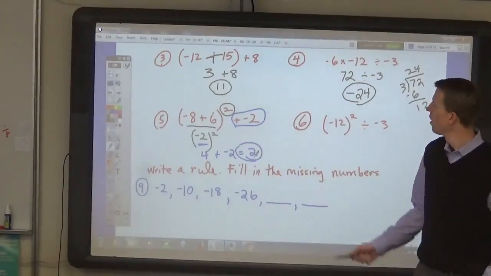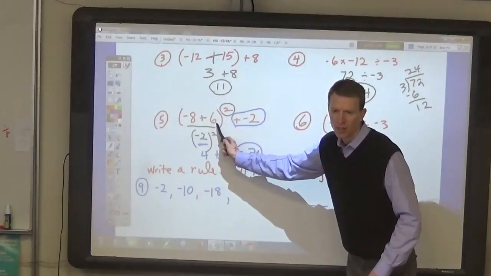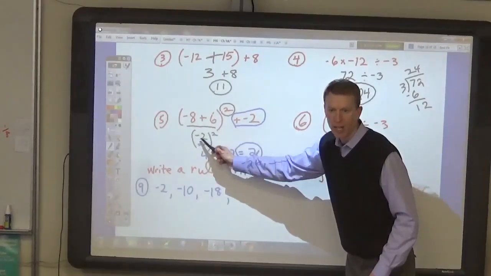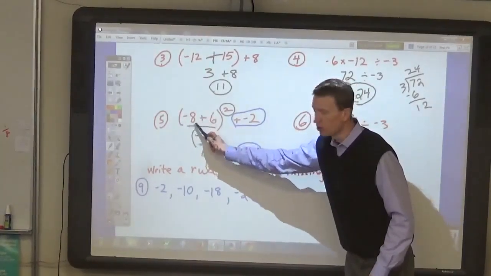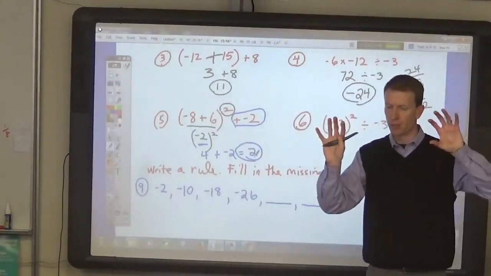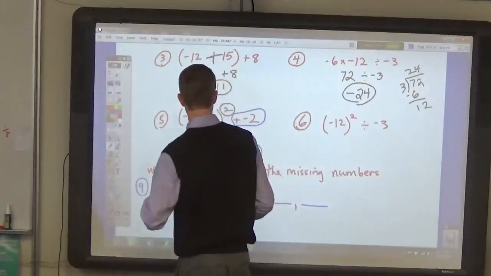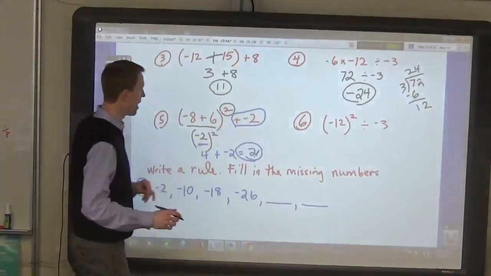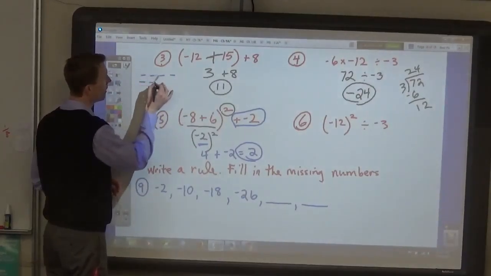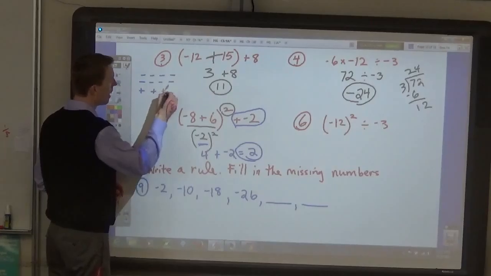See, one is negative and one is positive, Carson. You don't add the numbers together because one is negative and one is positive, so you have to find the difference. Remember when we were doing models where we had 8 negatives and 6 positives.